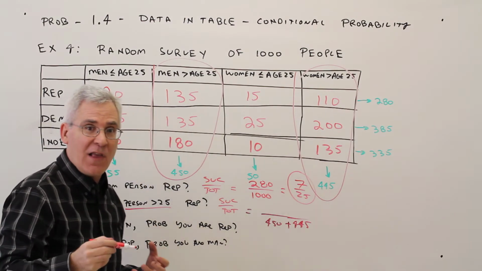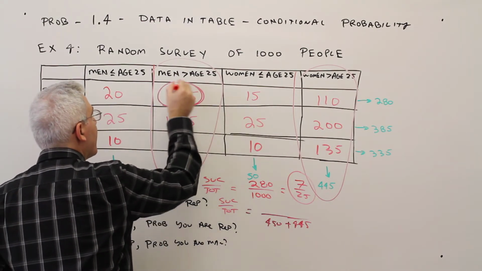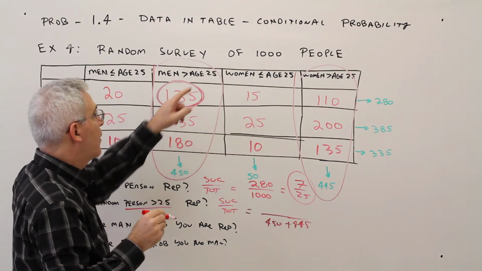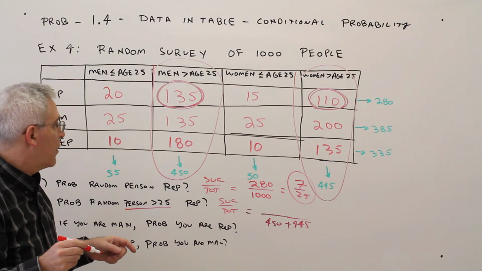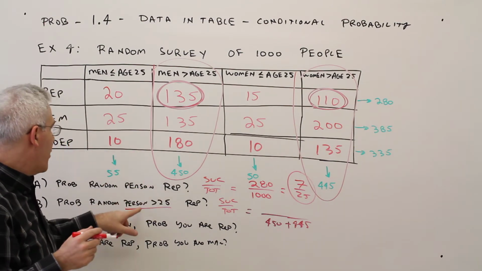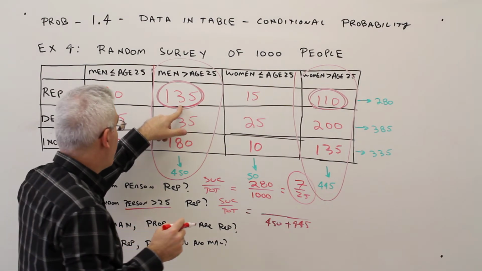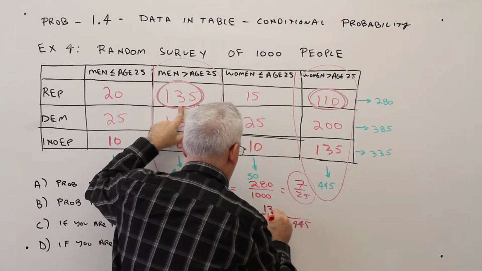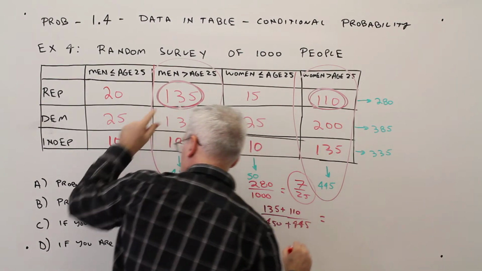Now for my successes, just this group here is successful, and just this group here is successful. They meet both criteria, being over 25 and Republican at the same time. So that would be 135 plus 110.